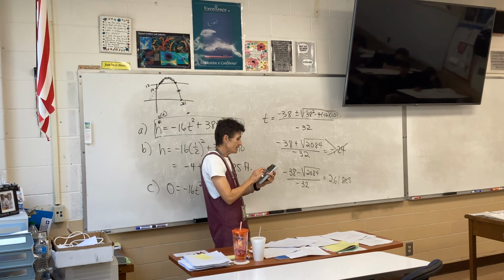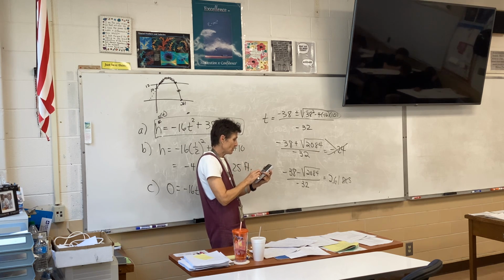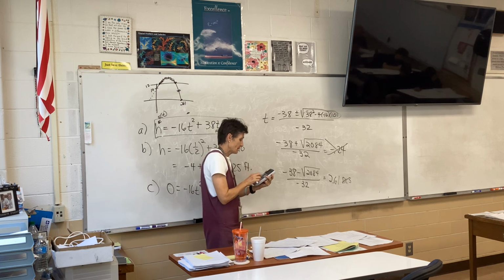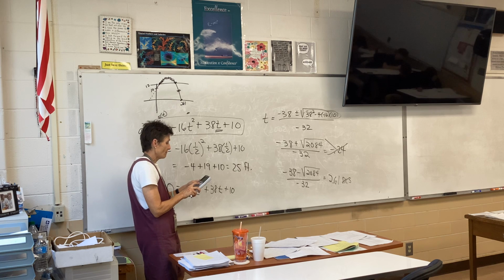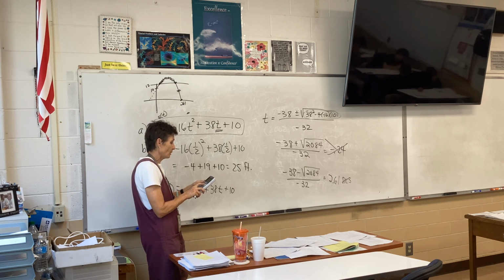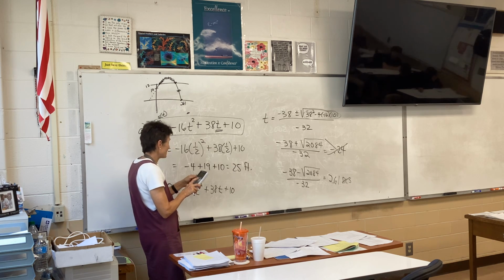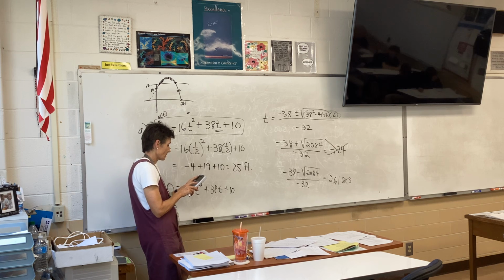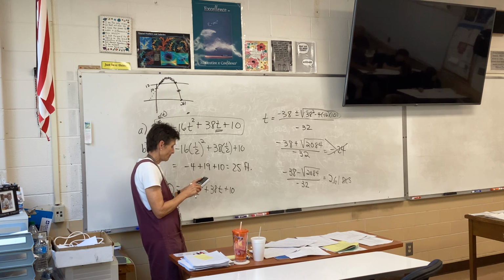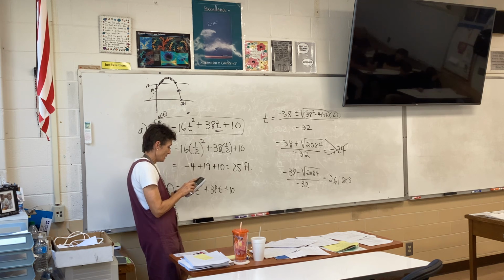So second, calc, intersect. And then I gotta move the cursor. With this window, you gotta do a lot of moving. I'm gonna move the cursor so it is somewhere over here, and press enter. And I'm gonna move the cursor so it's somewhere over there, and then here.